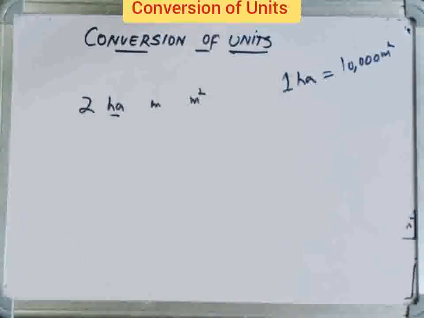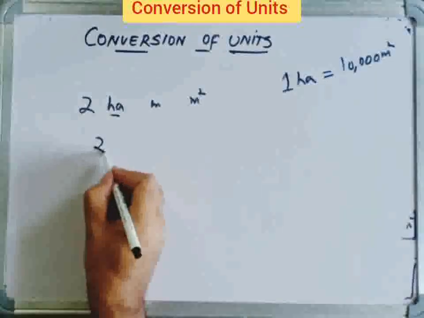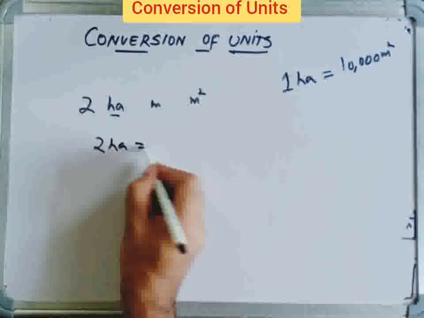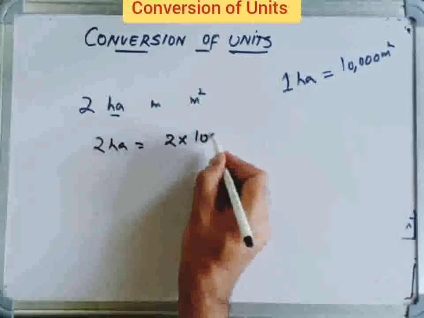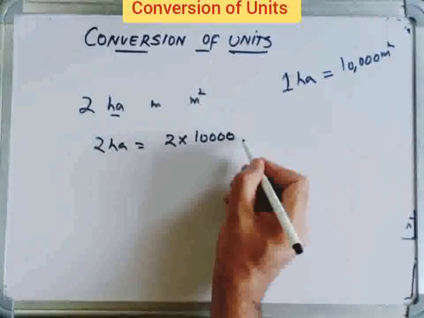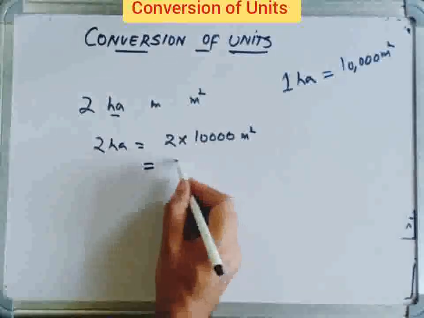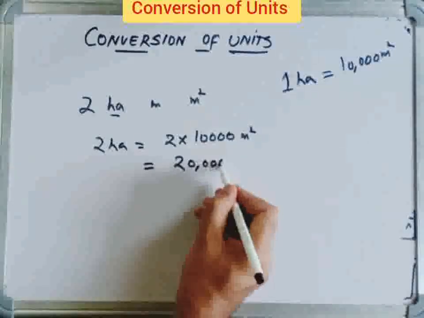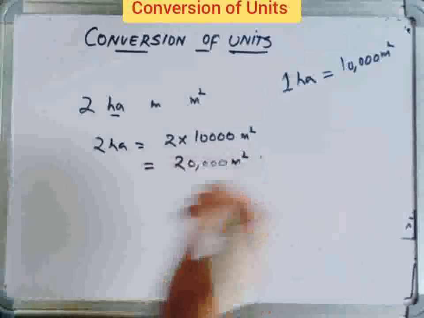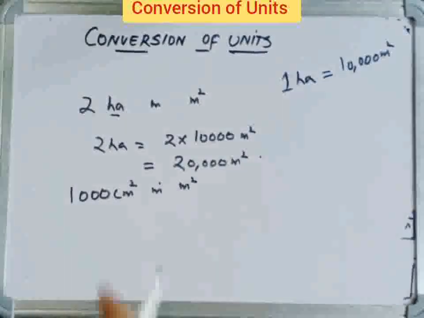So 2 hectares will be equal to 2 into 10,000 meter squares. So that is equal to 20,000 meter squares, right?